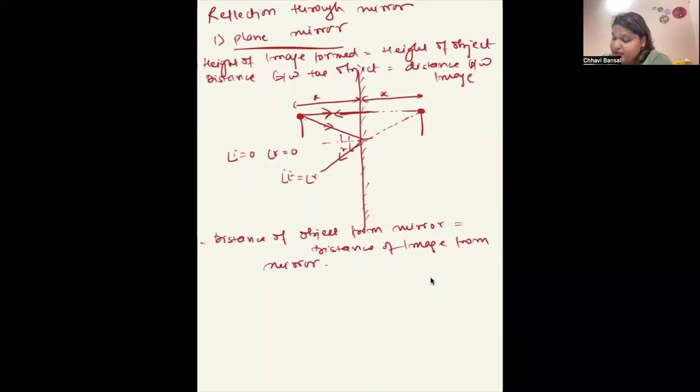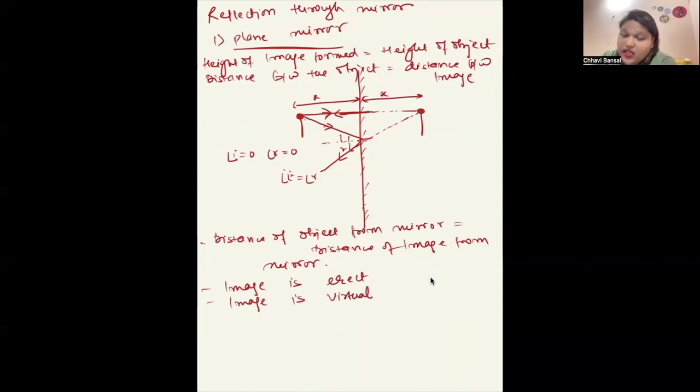right? Next, if you see, this is the tip, right? And from the tip, you can see the tip is formed exactly opposite, right? It means the image is erect. Erect means same as the way it is in the object. It is not inverted, okay? It is erect. Now, image is virtual. What is virtual?